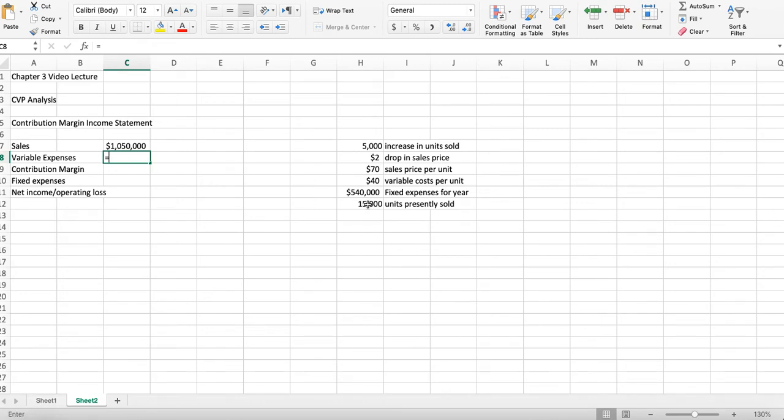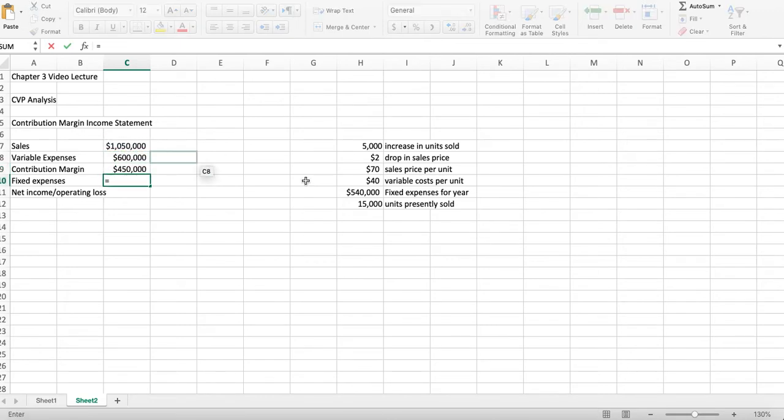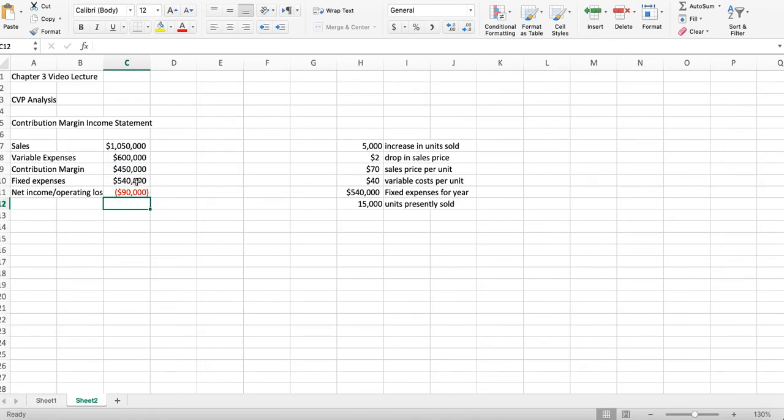Our variable expenses is the number of units times the variable cost per unit. Our contribution margin is, by definition, sales minus variable cost. Our fixed costs are given. And so our net operating loss in this instance is our contribution margin minus our fixed expenses, or $90,000 loss.